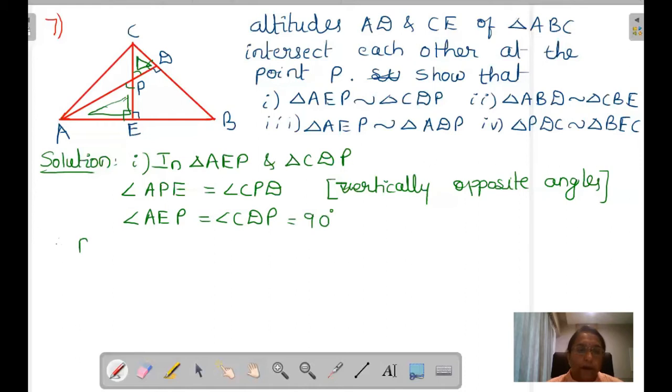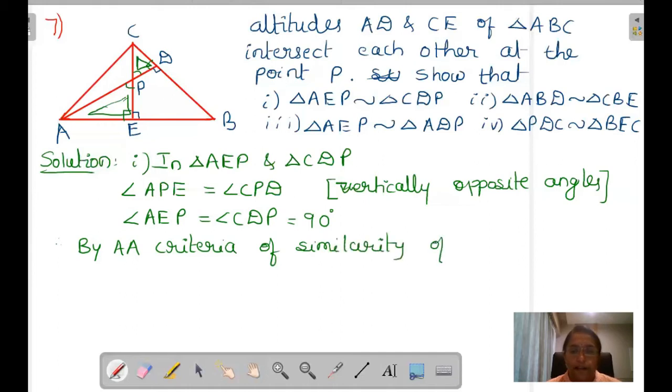Therefore, by AA criteria of similarity of triangles, we can write triangle AEP is similar to triangle CDP. Pause the video and write this one.